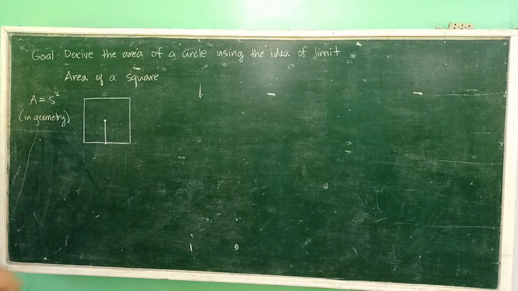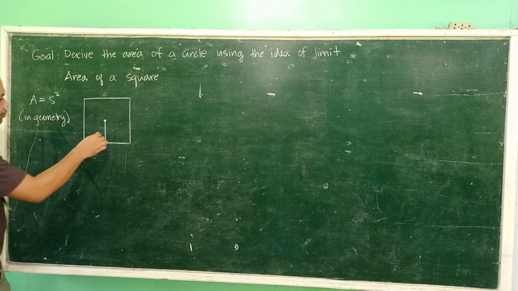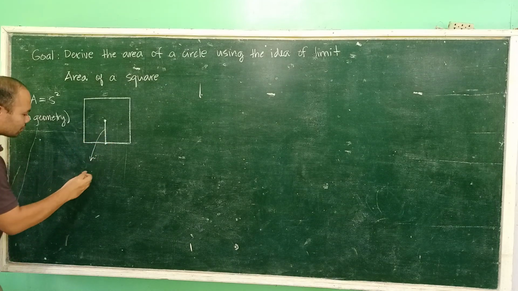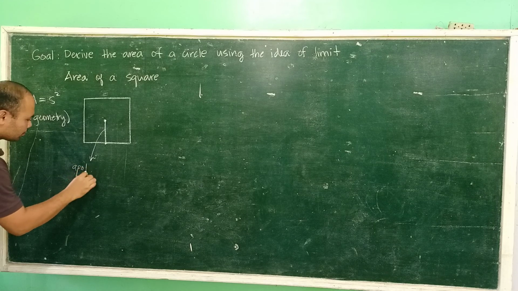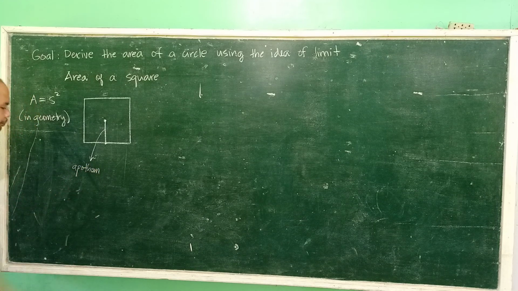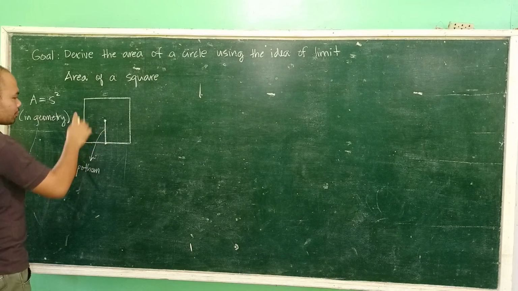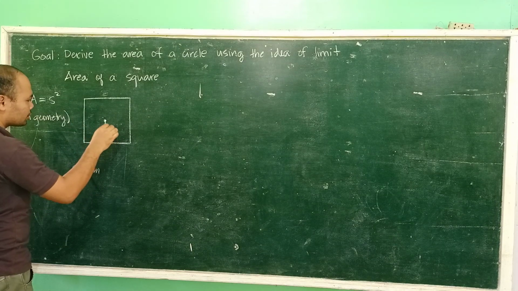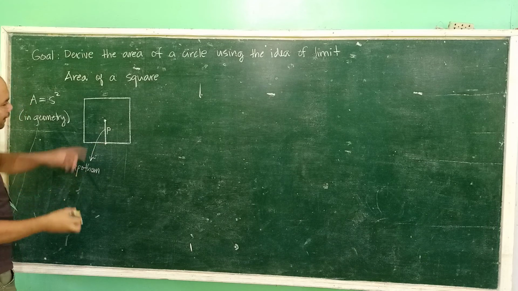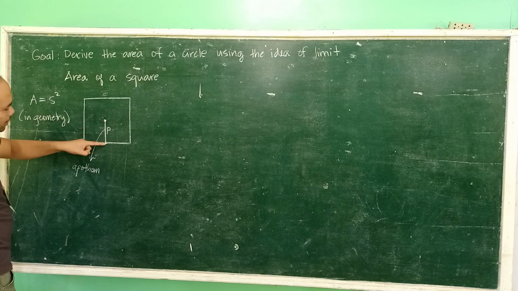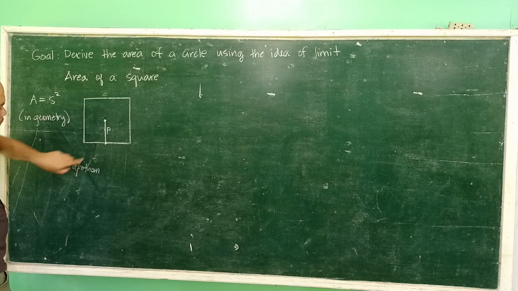We call that line segment the apothem. Suppose we are given that the apothem of this square is P. So P is this length here up to here.